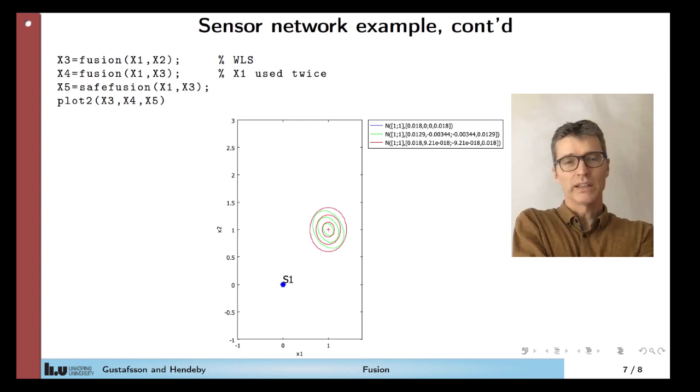So we can compare the result of x4 with x5, which is the safe fusion of x1 and x3. And if we compare all three of them, we see that x3 is equal to x5. That's good, because then safe fusion gives exactly the correct result here, while x4 is too optimistic.